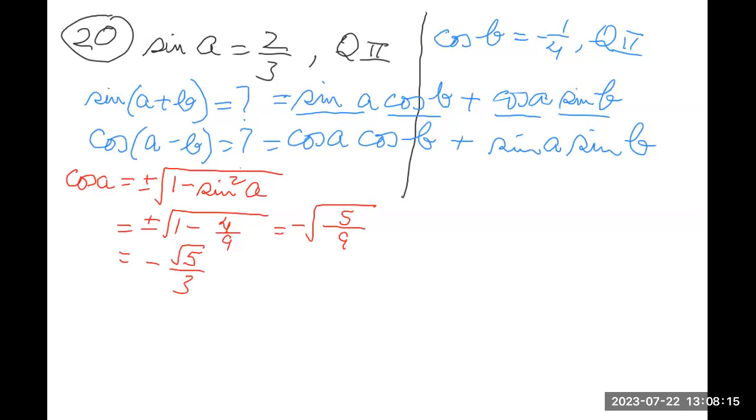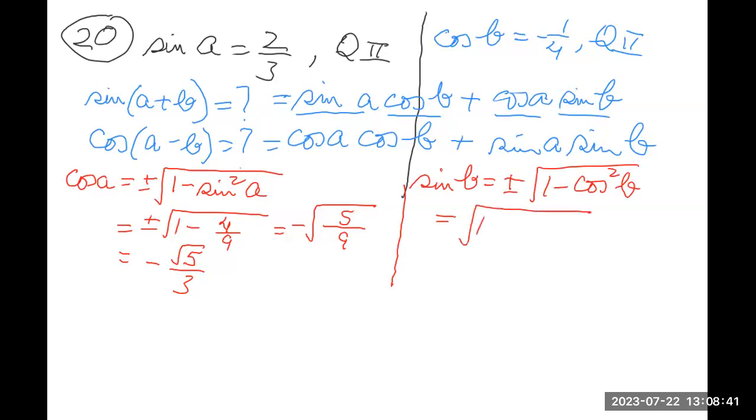Similarly, using cosine B, we can figure out sine B. It's again a second quadrant angle, and in the second quadrant, the sine function is positive, so we keep the positive sign, discard the negative. Cosine B is negative 1/4, so the square of that is 1/16.